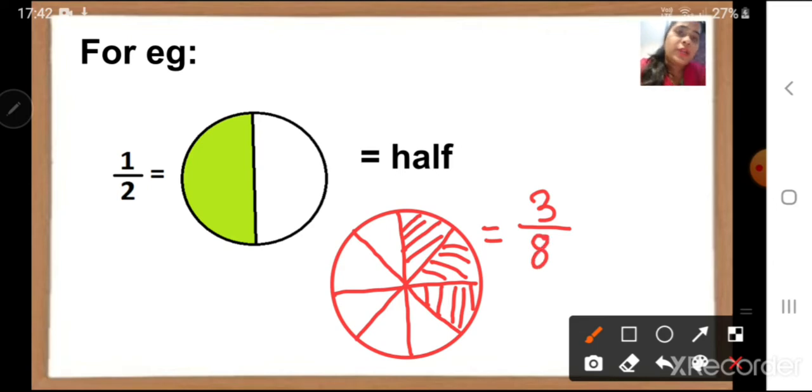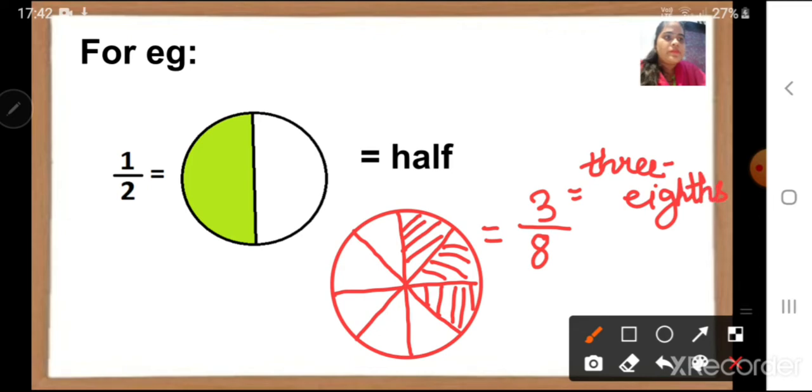And how we are going to write in words? It will be written as 3/8. Okay? So how we will write it as? 3. We'll put a dash and then we will write 8. So 3 upon 8 is written as 3/8. Okay, children?